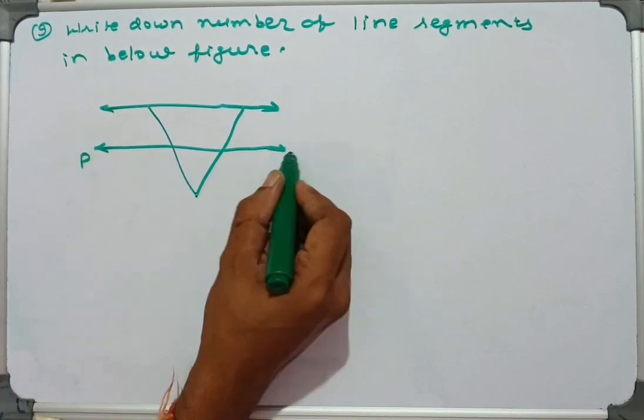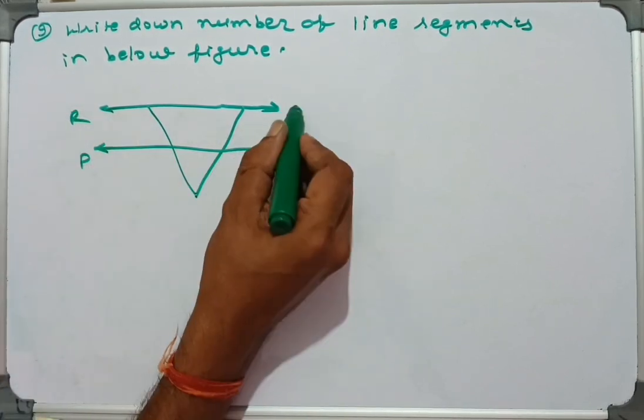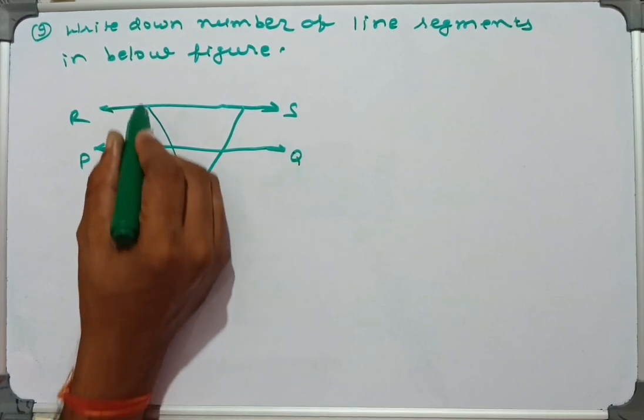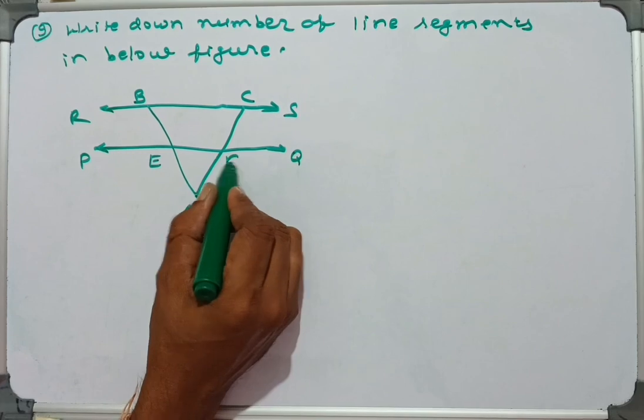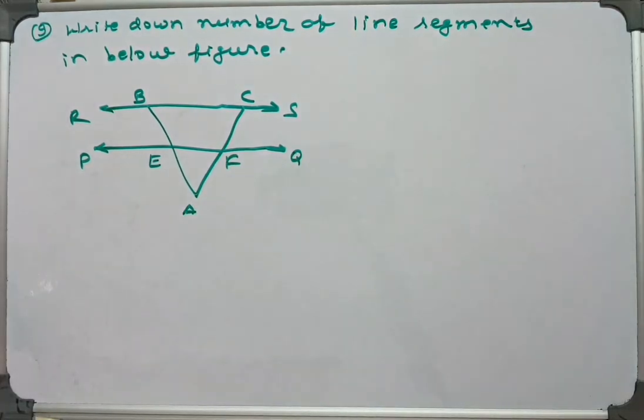Now say this is PQ, this is RS, this is A, B, C, E and F. Now the question is asking you how many line segments are present in this figure.